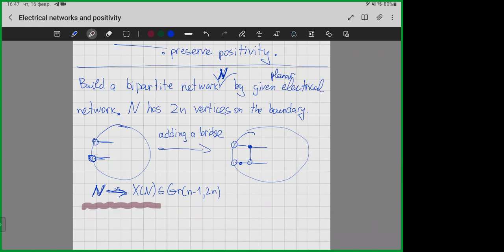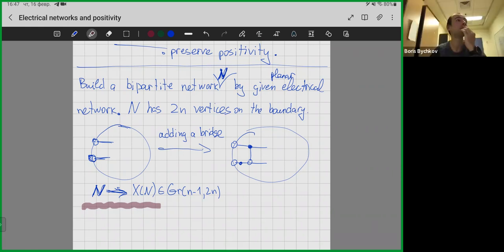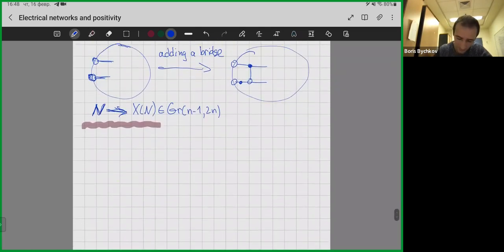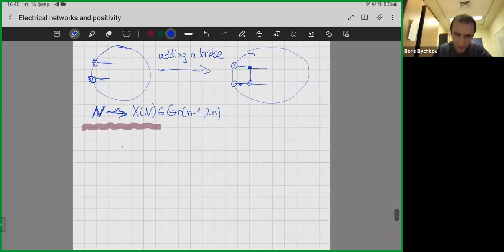Nevertheless, the last thing is what a spike is.